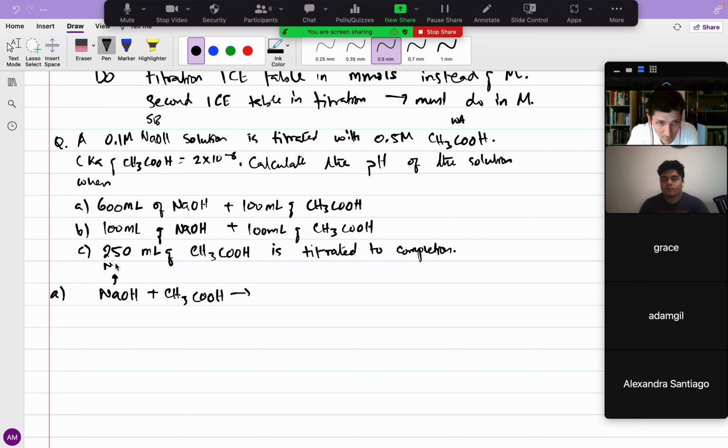ICE. This is our first ICE table, so we're gonna do this in millimoles. Alexandra, how many millimoles of NaOH do we have? Okay, so remember how I said millimoles is milliliters times molarity.